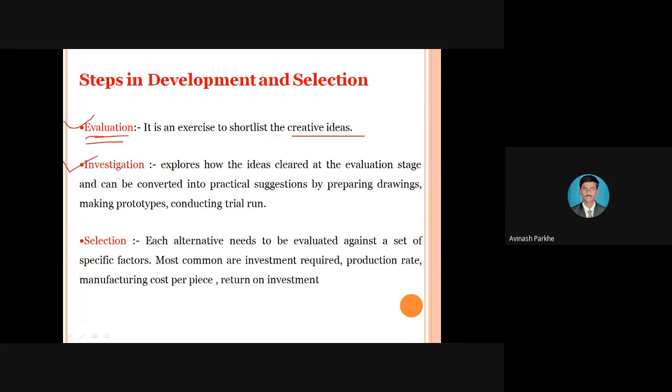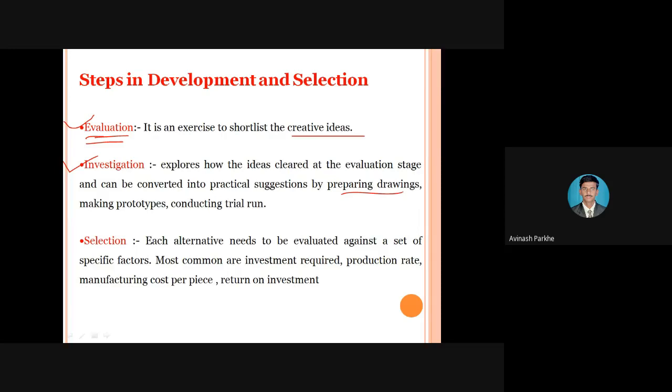Then second is called investigation. Out of 10, if I have selected 2 ideas, then for those 2 ideas we have to go for a detailed investigation, in which we prepare some drawings. For the selected ideas we can prepare some drawings, prepare some prototype models, and conduct some trial tests.